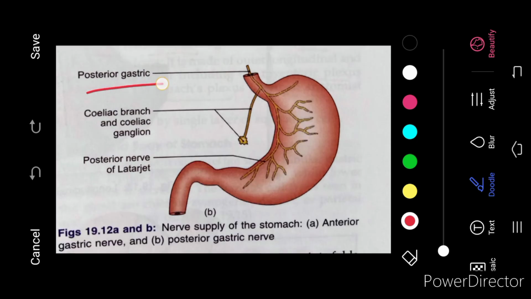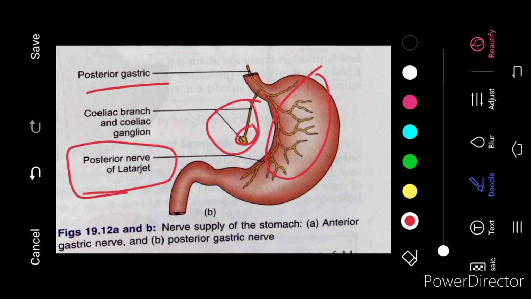In this figure we can see the posterior gastric nerve. It is present on the posterior aspect of the stomach, and it is divided into gastric branches and celiac branch. Here we can see the celiac ganglion, and from the posterior gastric nerve also arises the posterior nerve of Latarjet, which supplies the pylorus part.